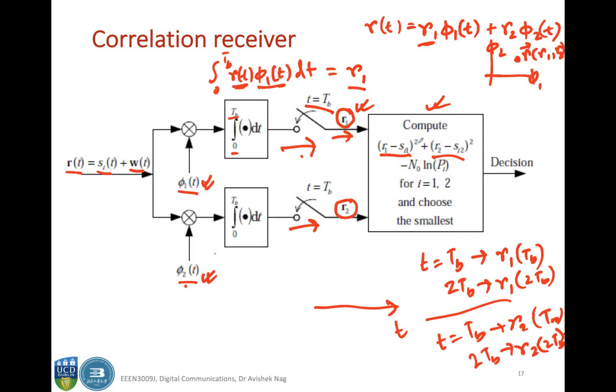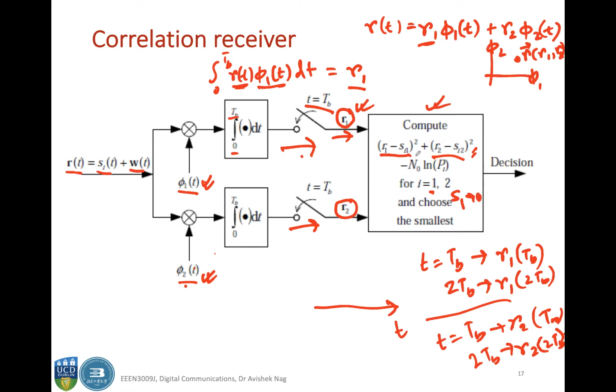Okay, whichever is smallest out of these terms, because this is essentially the distance, so you are having a minimum distance receiver. Whichever is minimum, you are making a decision in favor of that. So if your R1 minus S_I1 squared plus R2 minus S_I2 squared is smaller for I equal to 1, then you decide that S1 was transmitted, which corresponds to 0.